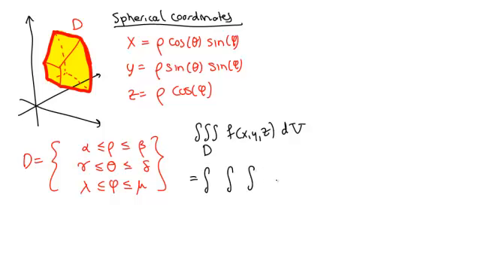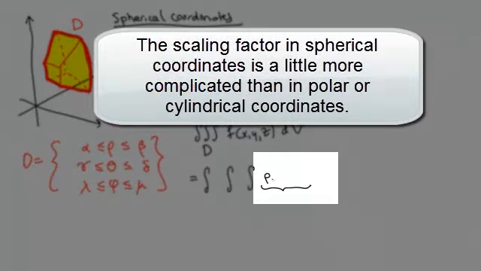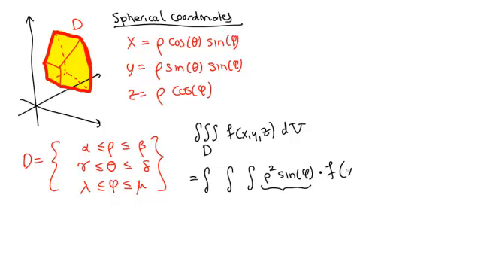We'll have a spherical coordinate scaling factor, which is going to be rho squared times the sine of phi, and then we're going to multiply that by f of x, y, z. And then we'll integrate that with respect to rho, and then theta, and then phi, rho going from alpha to beta, theta going from gamma to delta, and phi going from lambda to mu.